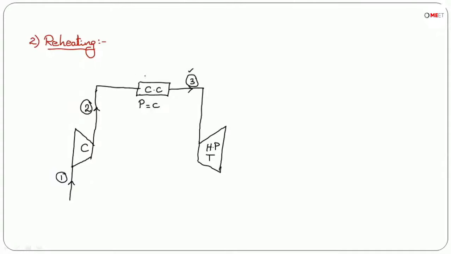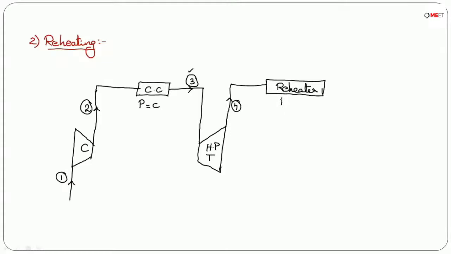So here P2 equal to P3, which is the highest pressure of the cycle. That's why air is entering the turbine at the highest pressure, and this turbine is named the high pressure turbine. Now in this high pressure turbine, air gets expanded from 3 to 4 and enters into a device called the reheater here.